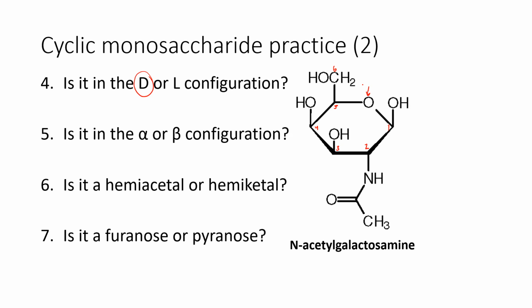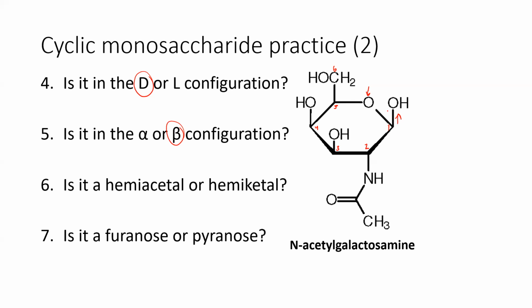All right. So do we have the alpha or the beta configuration? I know someone already said, but you can shout it out again. It's beta because the anomeric carbon and carbon 5 are pointing cis. Yeah, exactly. So we're in the beta configuration. Since we're in a D sugar and the hydroxyl group on carbon number 1, our anomeric carbon, is pointing up, it's beta.